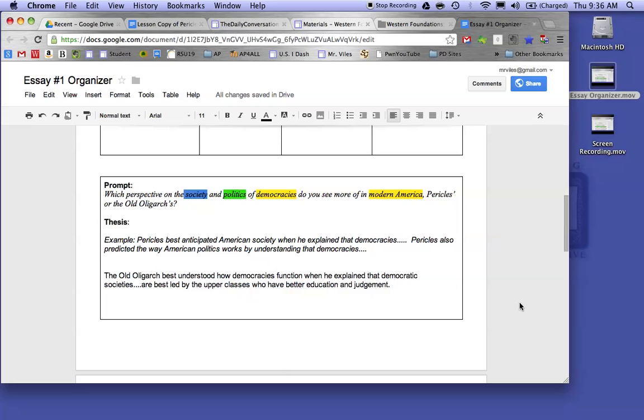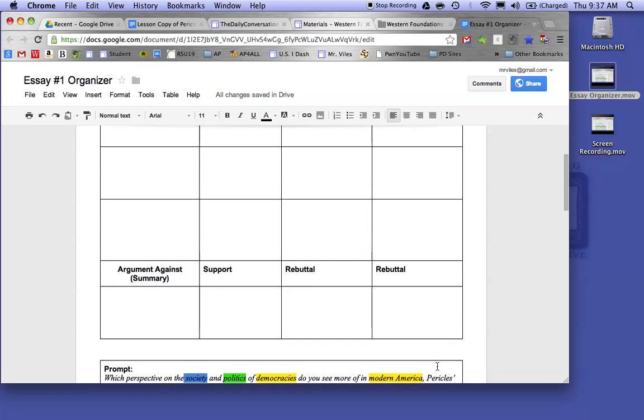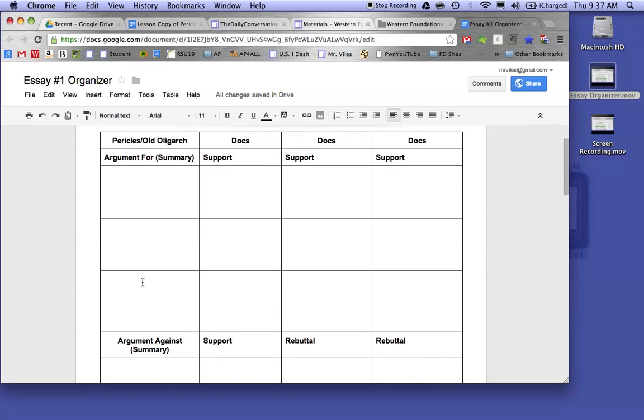So I could say again here, just looking at my example above, who's doing the talking? The old oligarch also best understood democratic politics because he knew that, and I would look up here and say, okay, which of these arguments dealt with politics?